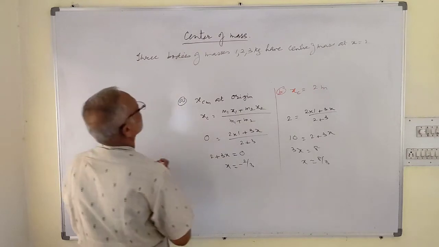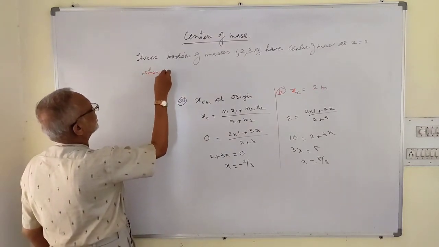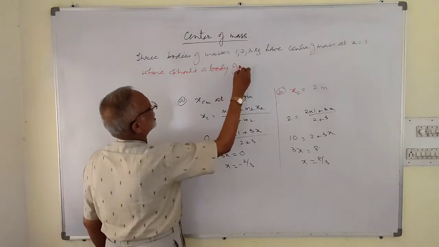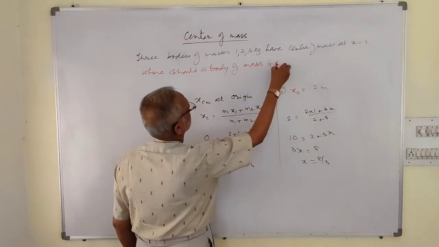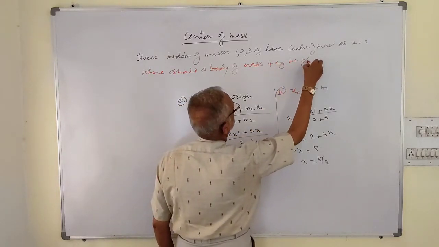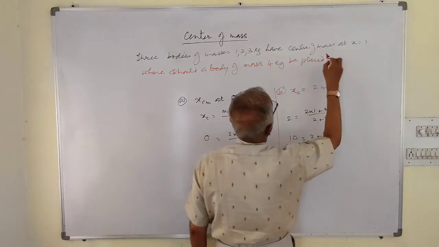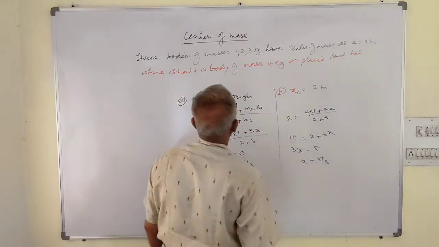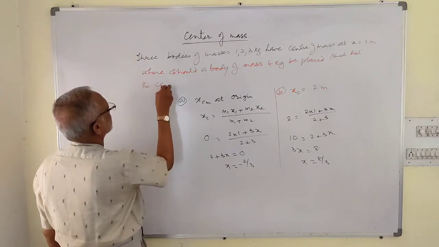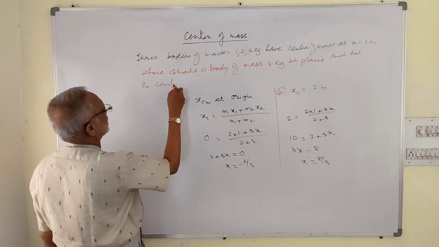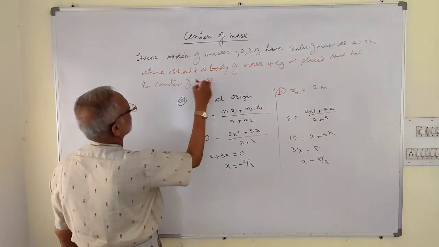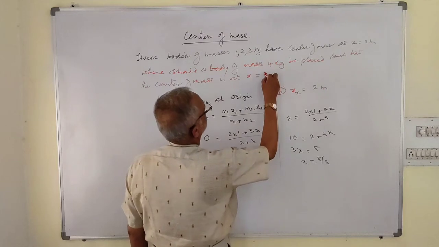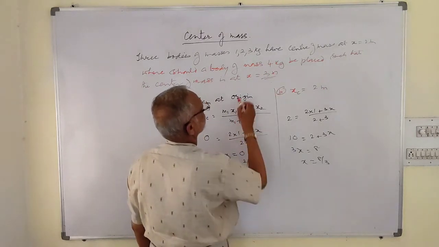So where should a body of mass 4 kg be placed such that the center of mass is at x is equal to 3 meter? This is the new center of mass.